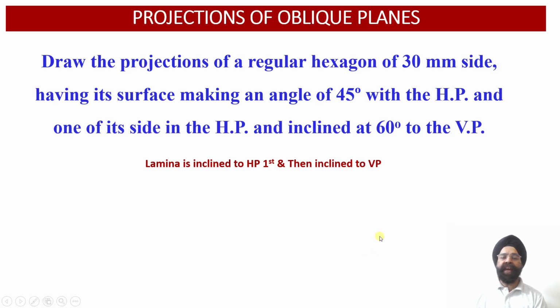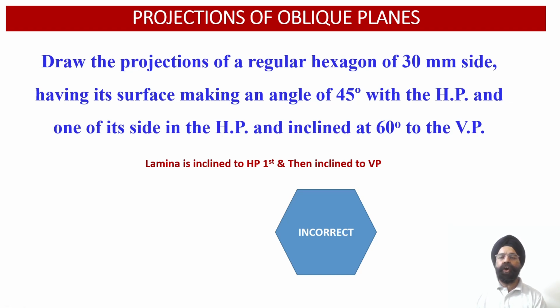And now we have to decide the orientation of this hexagonal lamina, the way it will be located on the horizontal plane. If we have the lamina on the ground in this orientation, and then incline it either like this or in this orientation, what will happen?